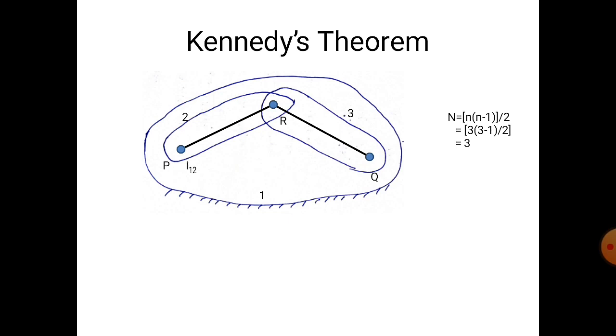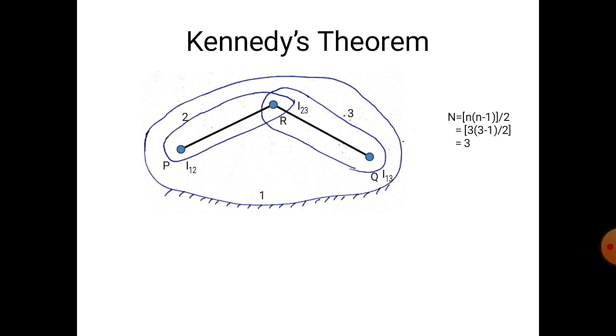The I center I12 will lie at the center of the pivot P as discussed earlier. The I center I13 will be at the center of point Q. Let us assume the I center I23 at point R. Now bodies 2 and 3 are both moving relative to body 1.